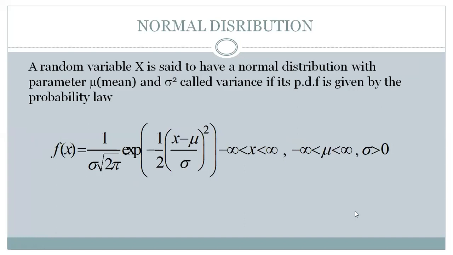A normal distribution is a symmetric distribution. If any statistical data is normally distributed, it has symmetry about both the x-axis and y-axis, as we show in the figure.